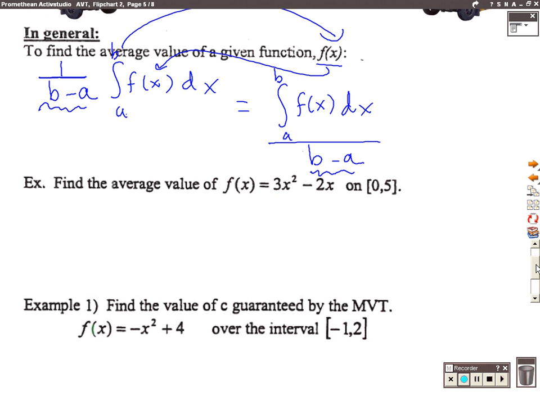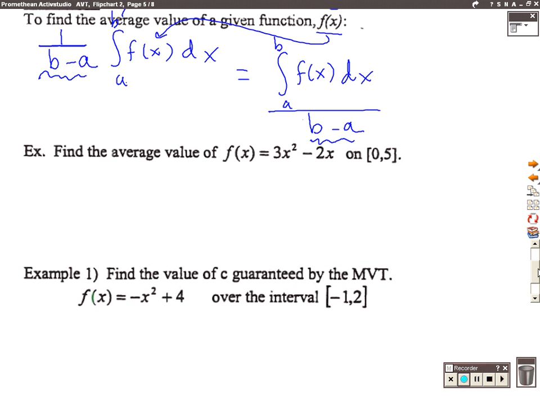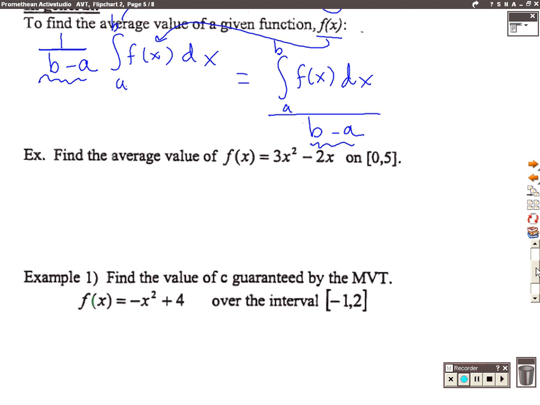All right, let's see how this works. Find the average value, so we're finding the average of f. So it's telling me average of f I need to integrate. So when I find the average of f from 0 to 5, I'm going to have 1 over b minus a, the integral from a to b of f of x dx.